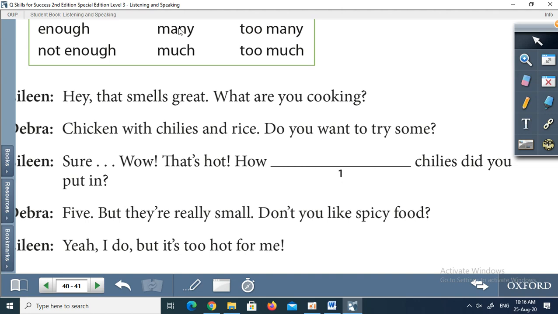You have to use many or too many. So, too many, you cannot put after the question word how. Too much, you cannot put after the question word how. So it will have to be many, because chilies is a count noun.